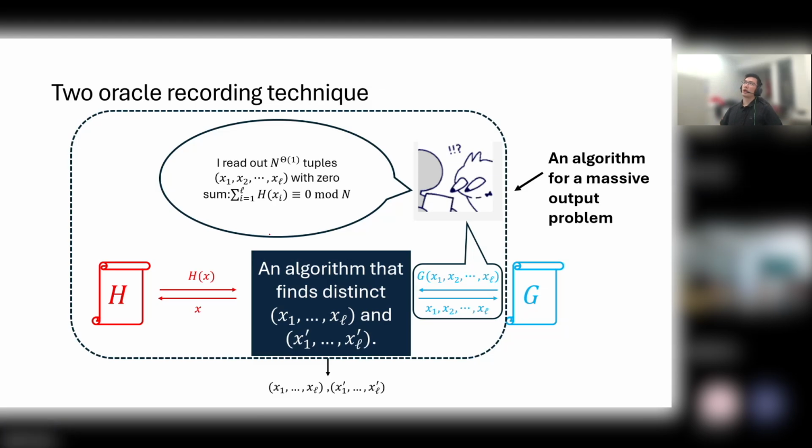Actually, you can consider many problems. There are two layers, and in the inner layer you have this problem on H. You can consider many problems, but this is just an example. Maybe you can consider a collision or multiple collisions, but this is only an example here.